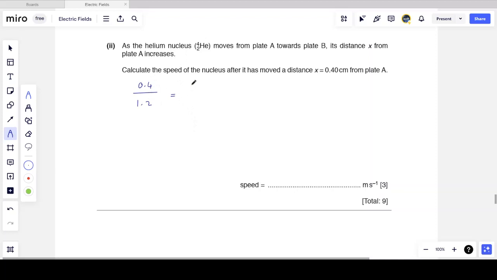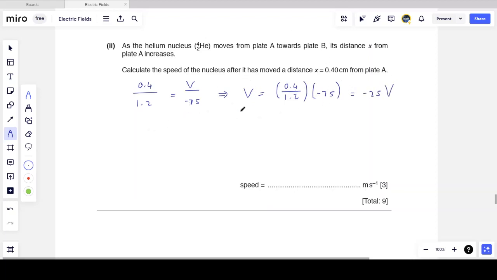If the potential is decreasing linearly, then I want a third of the value of 75 volts. So 0.4 over 1.2 is equal to the potential at that position x over 75. I get this to be 0.4 over 1.2 multiplied by negative 75, and guess what? I get minus 25 volts.